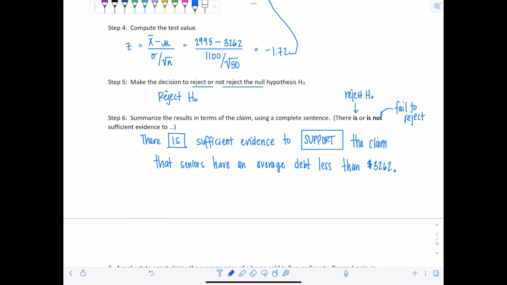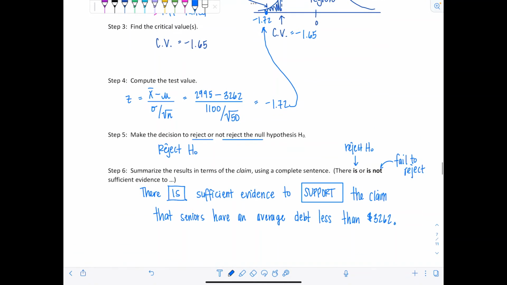So basically what we said was the mean from the sample, 2,995, was different enough from 3,262. It was so different that it was in the critical region. It wasn't just by chance. It must be that our original hypothesis is wrong. The mean really isn't 3,262. Okay? Good.